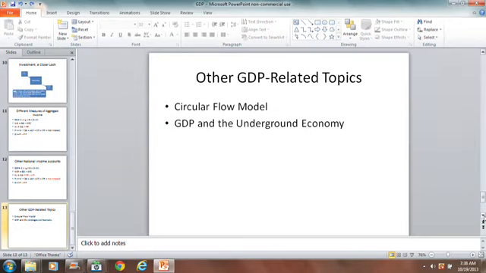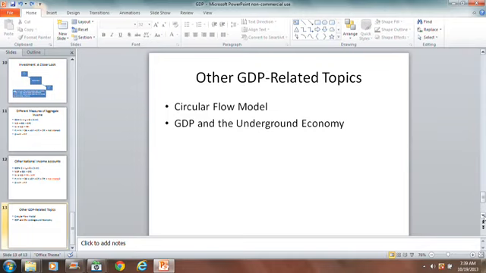All right. Last couple of things I want to mention involving GDP. In the textbook, there is discussion of the circular flow model, and you get a sense of the circular flow model by looking at those different measures of income, because there's a lot of looping activity that takes place in our economy. When expenditures occur, those expenditures create income, and it creates a flow between the different sectors.